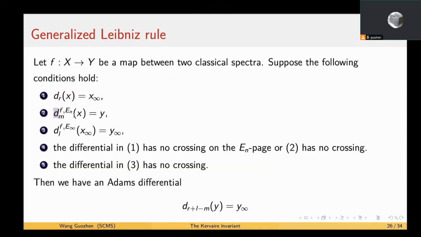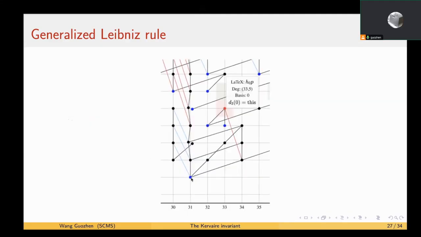And next, we want to show that the extension from X to Y is not crossed. That means the extension from that blue dot to that black dot.